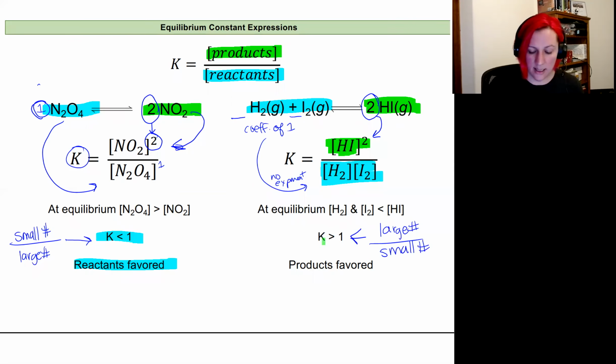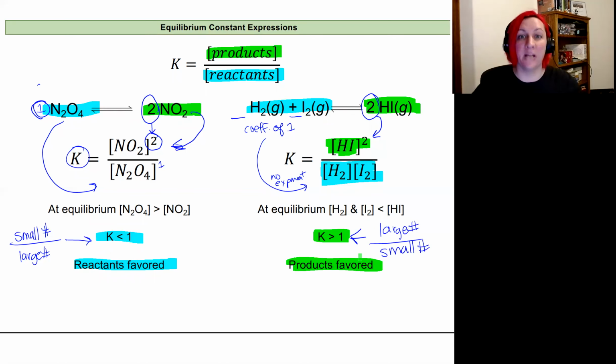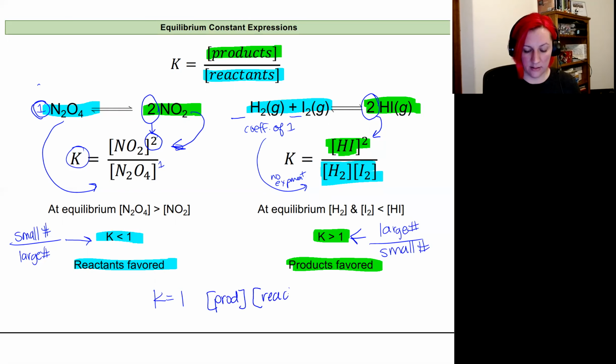And so we can see that anytime we have products favoring a reaction, we're going to have an equilibrium constant bigger than 1. Now, if we had the exact same concentrations of each of these, then we would have a K equal to 1. So when K is equal to 1, we know that the concentration of our products and our reactants, after we incorporate the coefficients, are the same, or about the same.